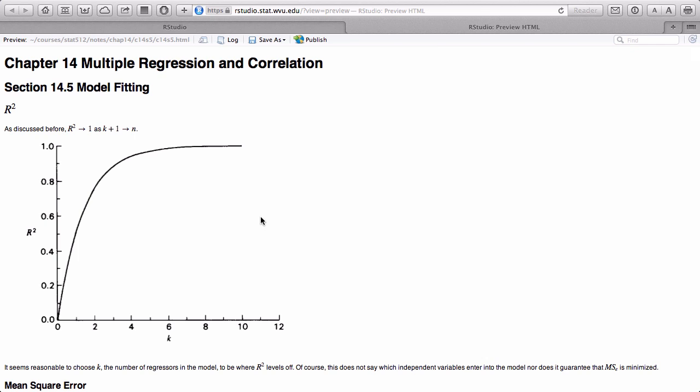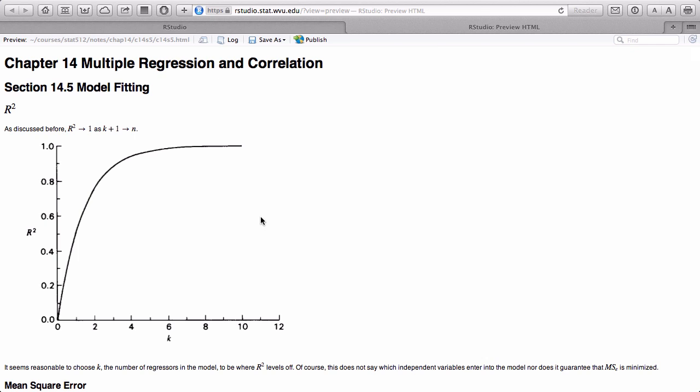Now, as I mentioned to you, or maybe I didn't, R squared, you think of that as a measure of fit. But as k gets large relative to n, R squared will go to 1. In other words, as k plus 1, where 1 is for the intercept, approaches n, then R squared approaches 1.